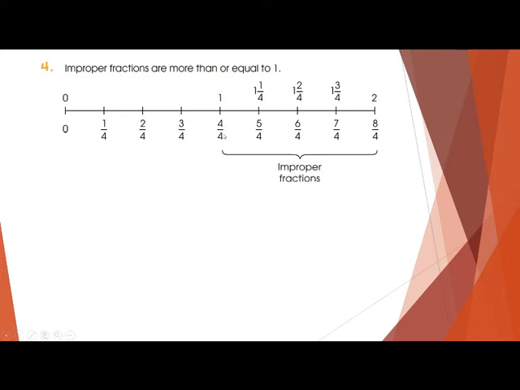So what we have are the improper fractions. You will write 4 upon 4 is an improper fraction, 5 upon 4 is an improper fraction, 6 upon 4 is an improper fraction, 7 upon 4 is an improper fraction, and 8 upon 4 is an improper fraction.